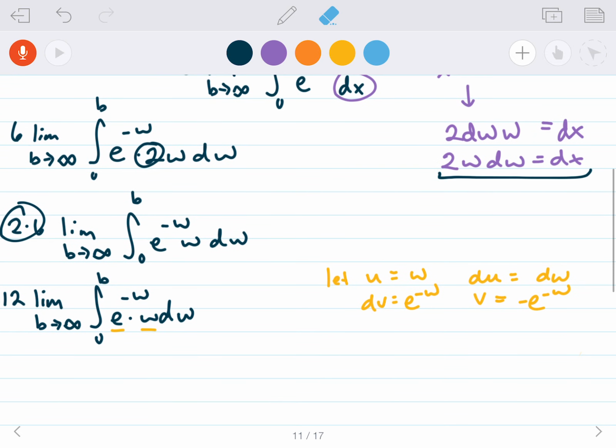Now I can use integration by parts. Remember what integration by parts says: the integral of u dv equals uv minus the integral of v du. In this case, we have u equal w and dv equal e to the negative w. Let's replace what we can.